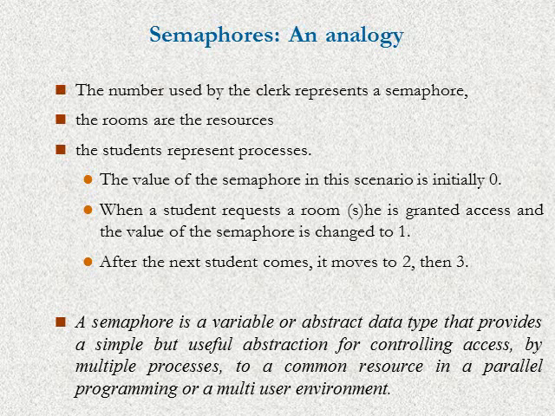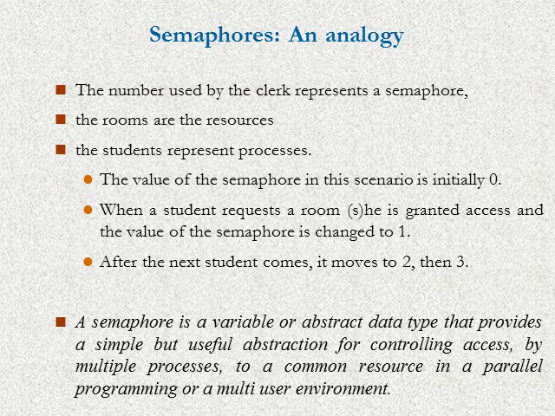So for instance, in this case, the value of the semaphore held by the front desk officer can be initialized to 0, and once a student comes along and requests a room and that access is granted, then the value of that particular semaphore is incremented to 1, and for the next student it becomes 2, and so on and so forth.